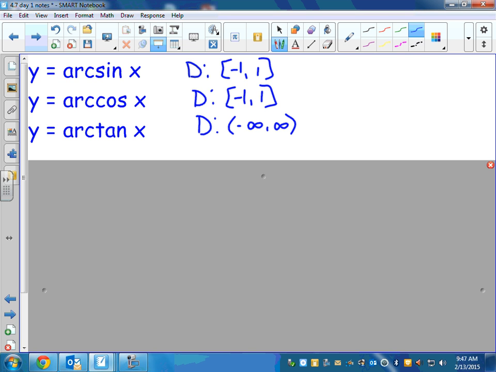The range parts, the answers that you can give me, this is the part that you must memorize before we have a test. I always remember that sine and tangent go together. They both are restricted between negative pi halves and pi halves. You really just have to practice giving me those negative angles instead of the positive angles.